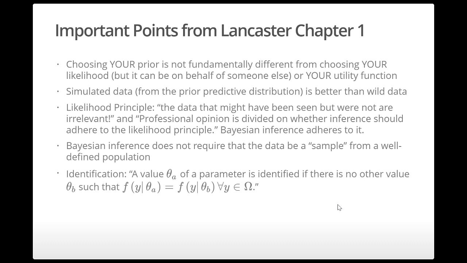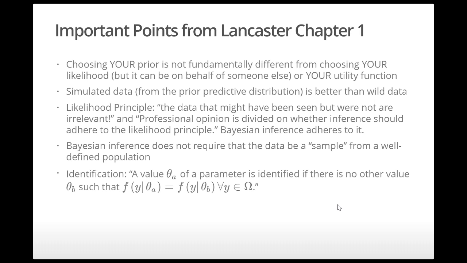Also, it invokes this idea of identification, which I wanted to clarify. That means there are two sets of the parameters such that the conditional distribution of the data is going to be the same, irrespective of what the data are. In that situation, we say the parameter theta is not identified.